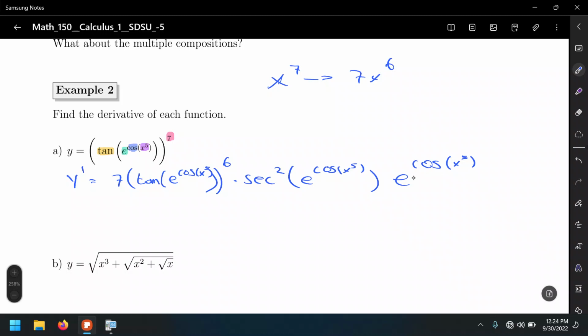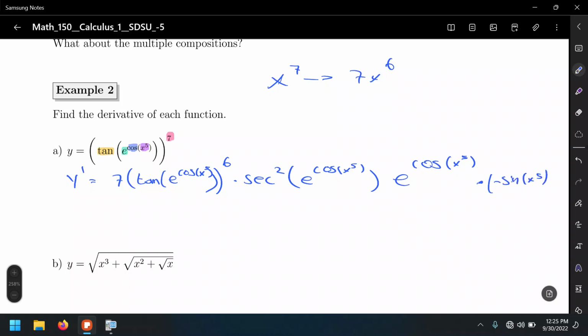All right, so what's the next layer? Cosine. What's the derivative of cosine? Oh, shoot. Negative sine. All right, times negative sine of x to the 5th.